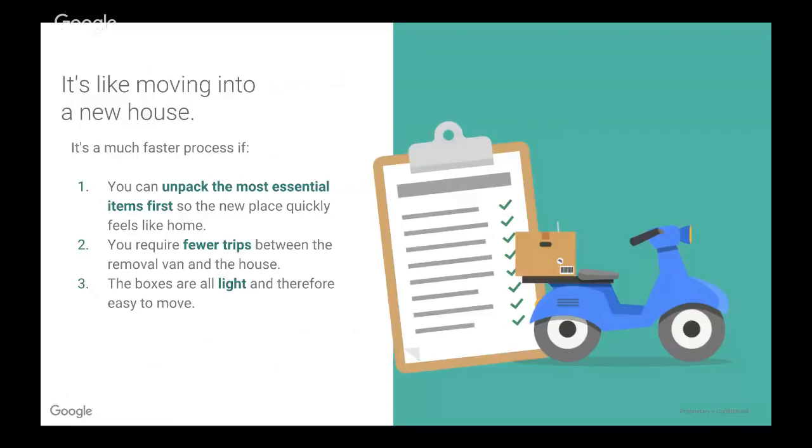Another way to make fewer trips is by using compression mechanisms like gzip, which bundle up your resources and compress them, and that way you're making fewer trips back and forth from the device to your website server. So just make sure that the version of your website that you have up and running only requires the most essential items first, and the things that you don't need can be loaded as the user keeps on browsing through your website.